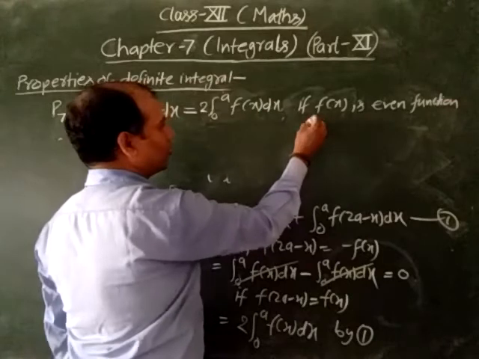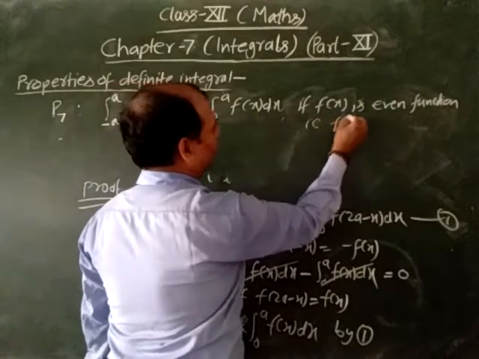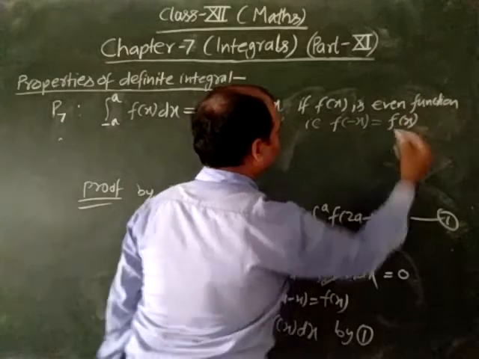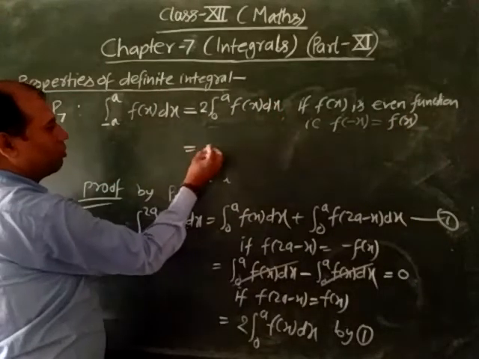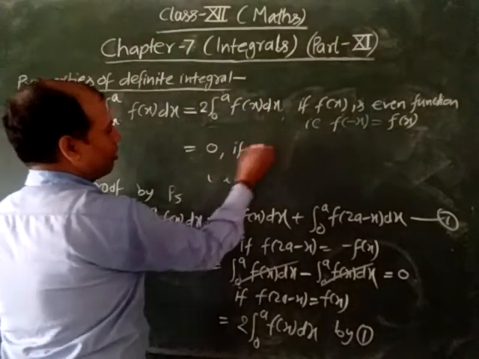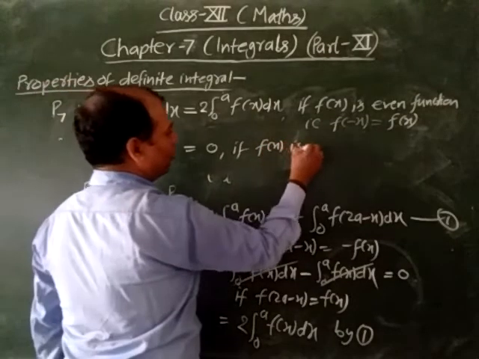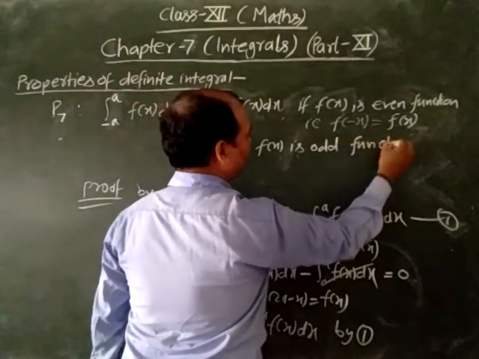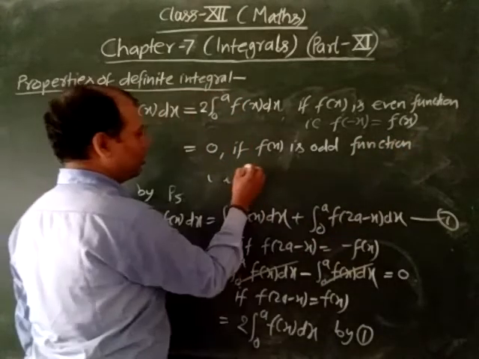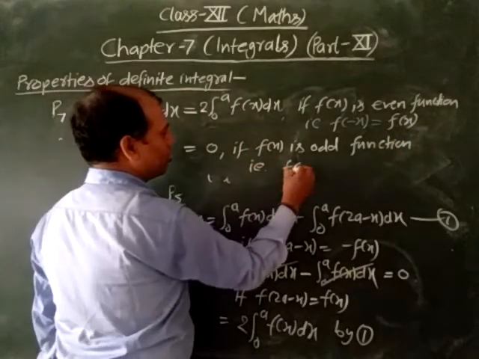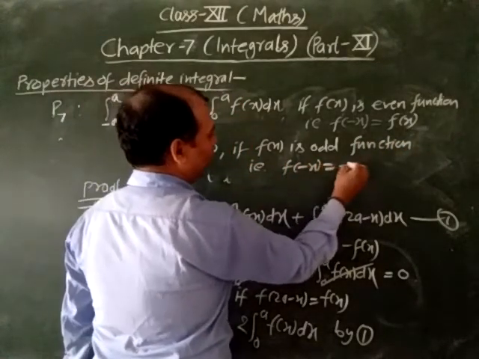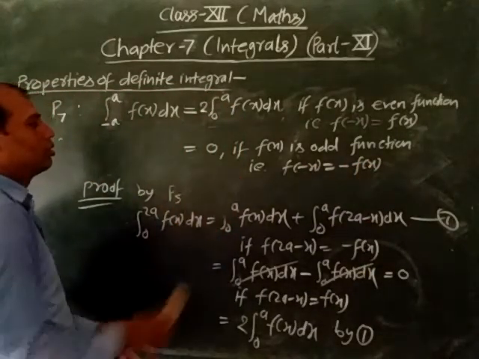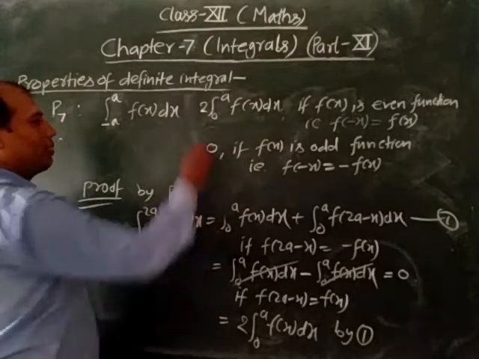Even function means f(minus x) equals f(x), and the value of this becomes 0 if f(x) is an odd function, that is, f(minus x) equals minus f(x). This is property number 7.